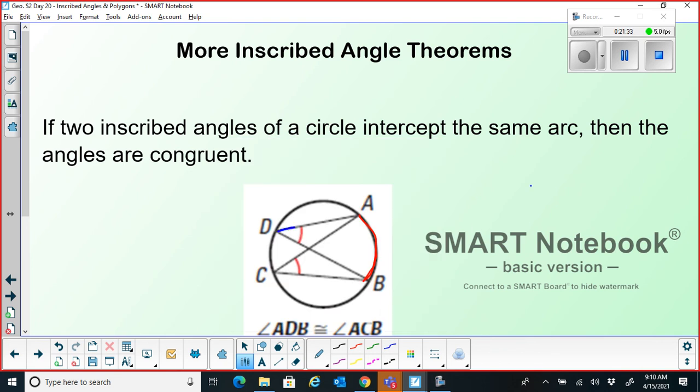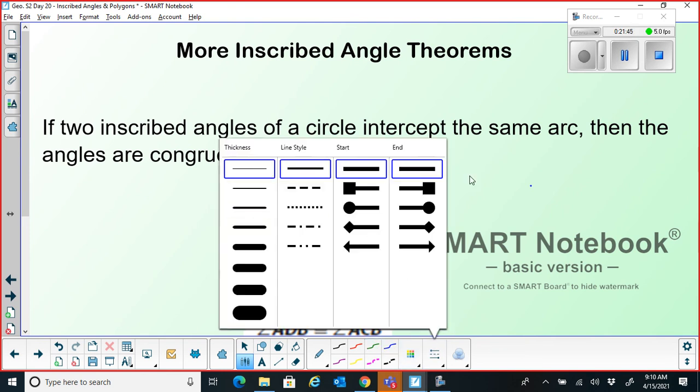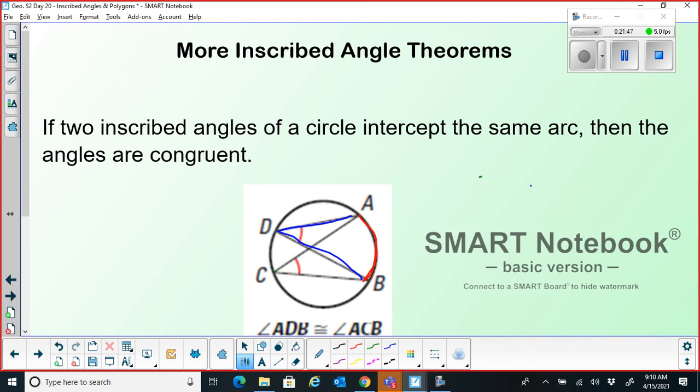AB is the intercepted arc of angle D, right? Same way, AB is also the intercepted arc of angle C. So the same arc is the intercepted arc for angle D and angle C.